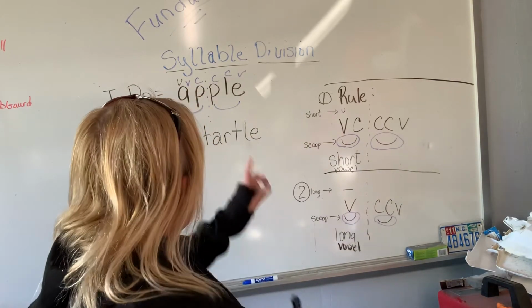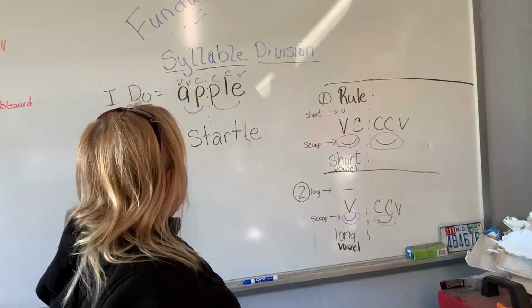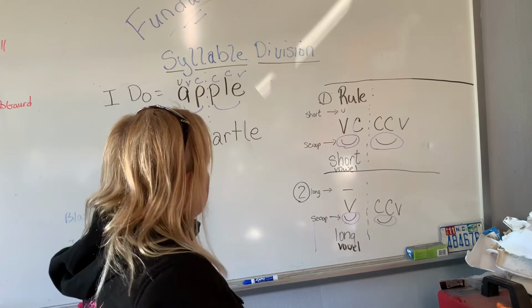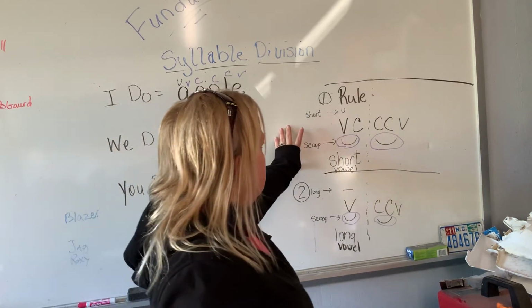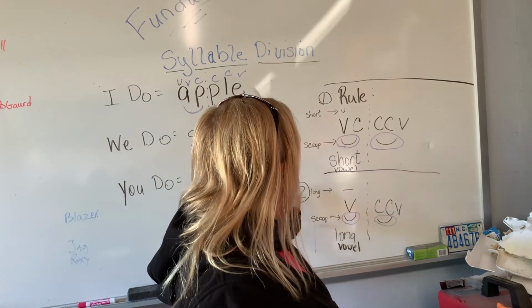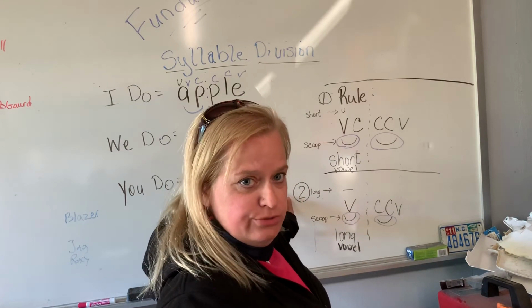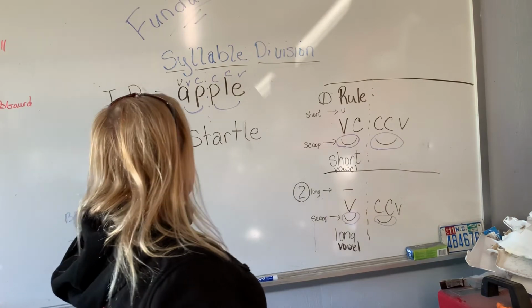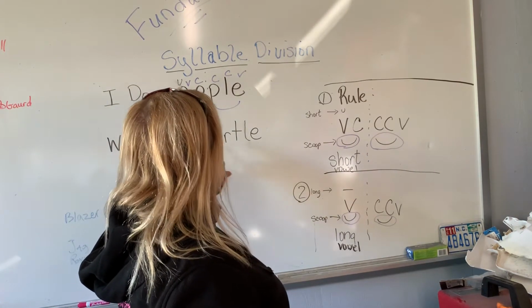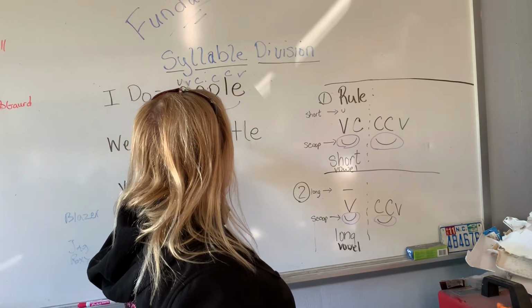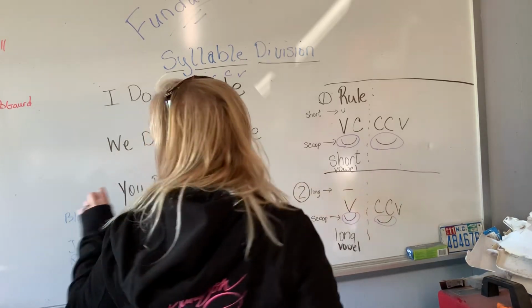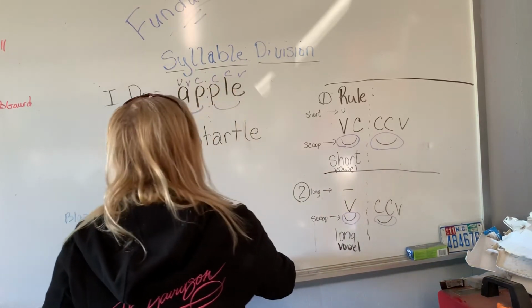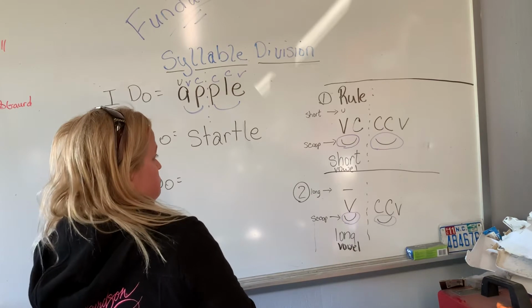Okay, startle. I need to decipher if it's going to follow the rule for 1 or if it's going to follow my rule number 2. Okay, so then I need to scoop it out. Okay, startle.